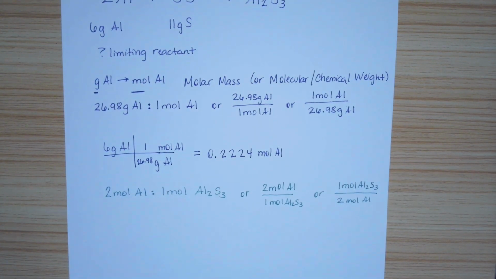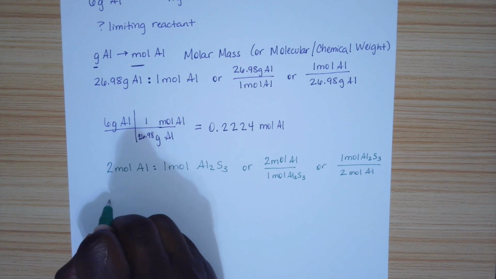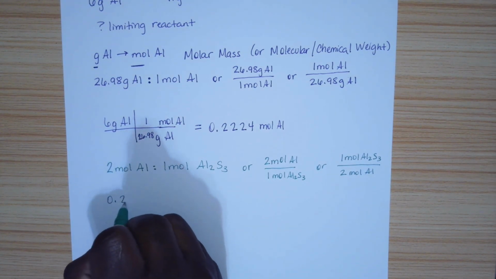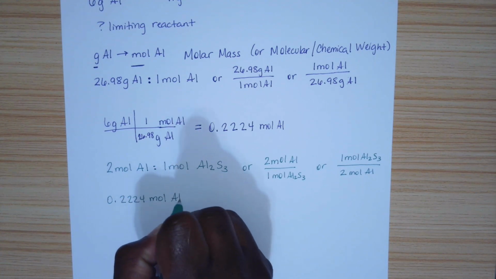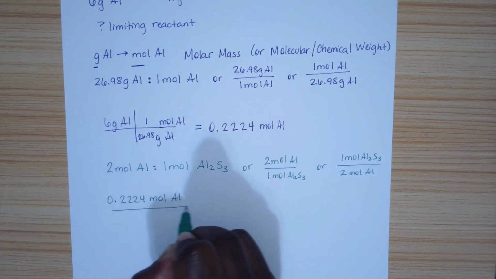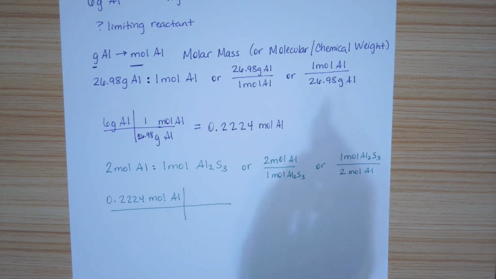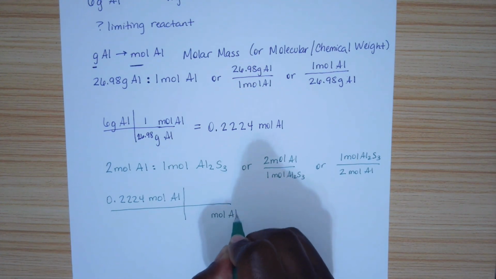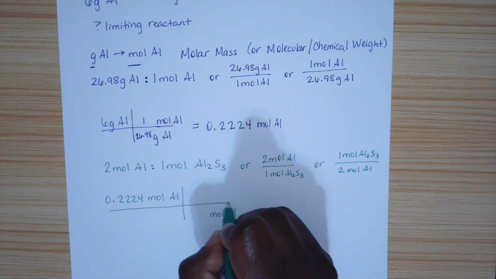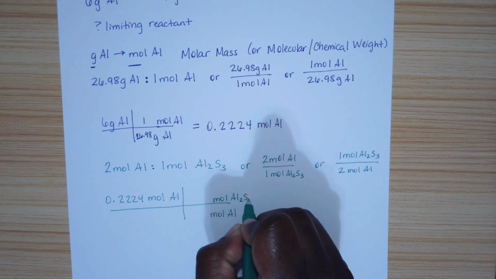So from there, we can use the amount of aluminum that we already know is present, 0.2224 moles of aluminum, to then figure out how many moles of the product. So I need to get rid of moles of aluminum. Since they're up top, I'm going to put them on the bottom. But what I want is moles of aluminum sulfide.